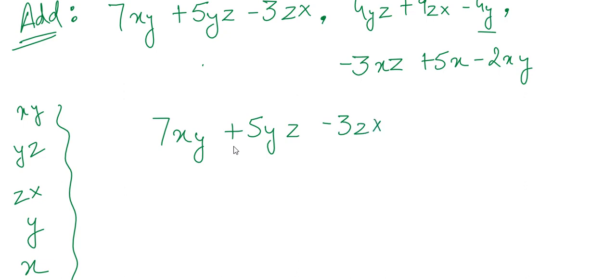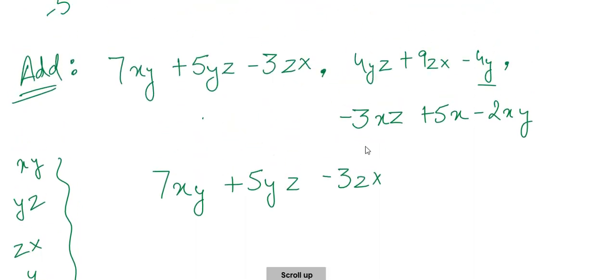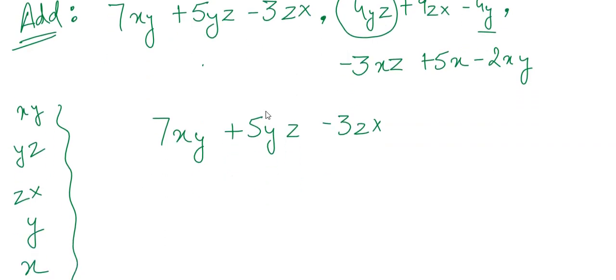So let's put 4yz. See, 4yz would come under which term? Can you guess? Either it would lie here, or here, or here. Can you just guess where it would lie? Let's check, it is yz. Yeah, it would lie only below my 5yz, na?